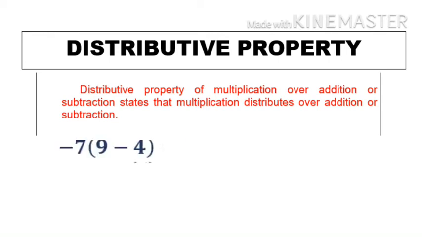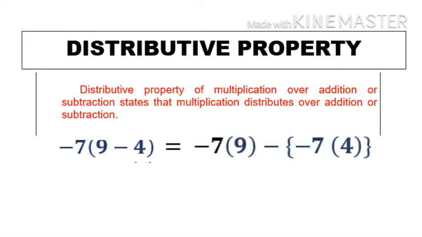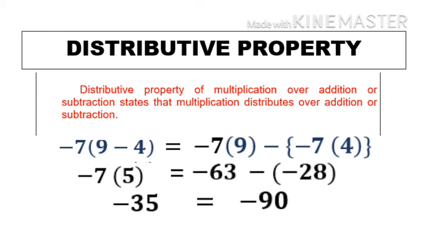Or another, negative 7 times the quantity of 9 minus 4. This is just equal to negative 7 times 9 minus negative 7 times 4. Now let's check if they have the same answer. 9 minus 4, that's equal to 5. Negative 7 times 5, that's equal to negative 35. On the other side, negative 7 times 9, that is equal to negative 63.